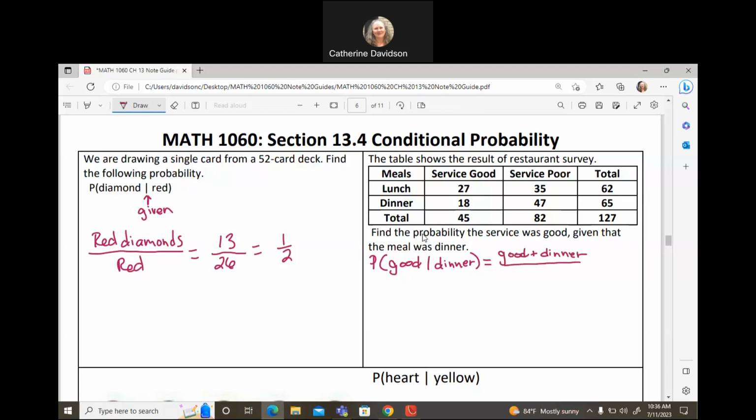And on the bottom, you're going to have the total for dinner. So good and dinner is 18. The total for dinner is going to be 65.